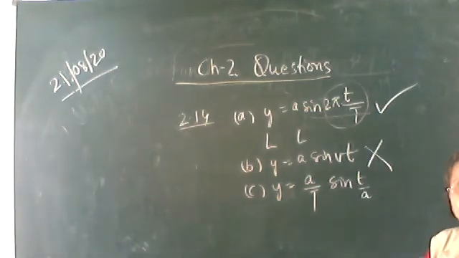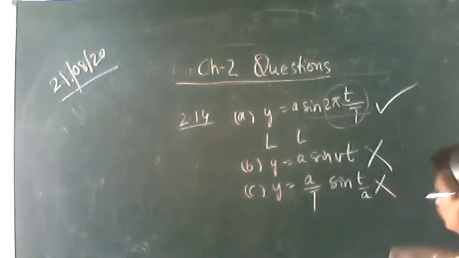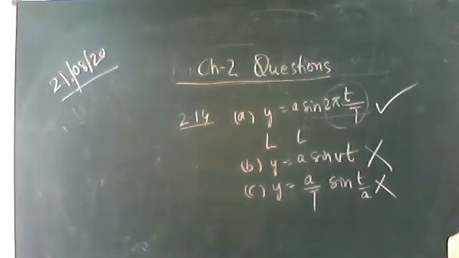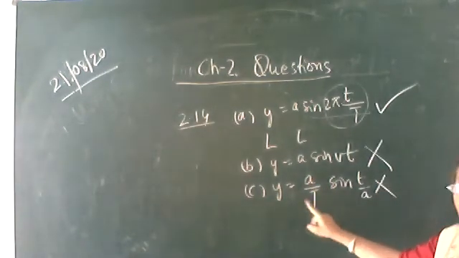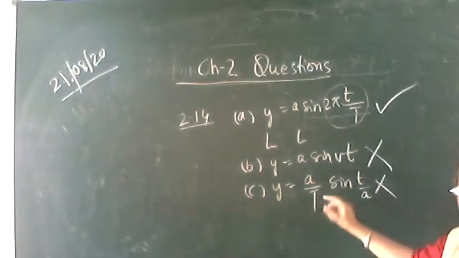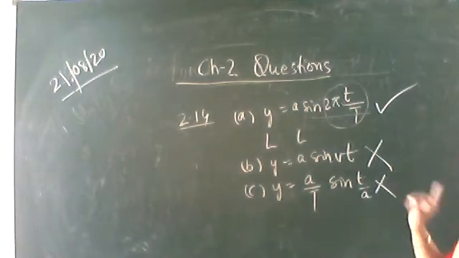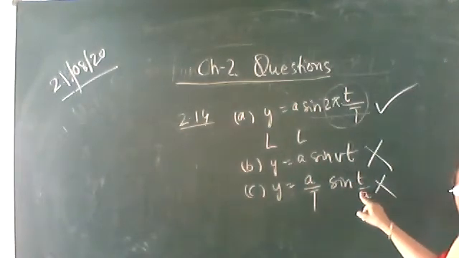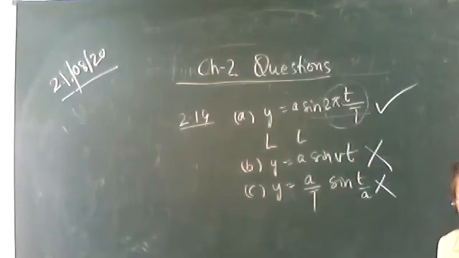And we know that sine theta should be dimensionless. So this equation is also dimensionally incorrect. Here also the dimensions are not matching. This is amplitude, L upon T. First you check sine theta. Sine theta should be dimensionless. Sine theta not dimensionless, mark it as incorrect.